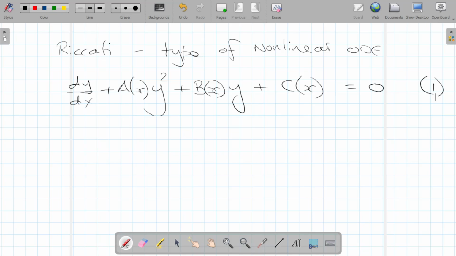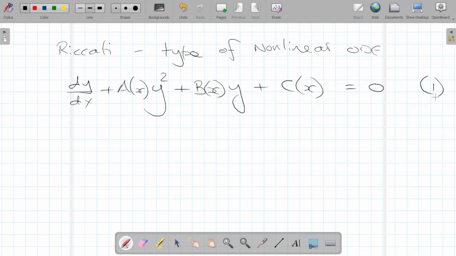Now, I want to give you an actual example of a Riccati equation and show you how to solve it, basically, in order that you might develop techniques to solve other types of Riccati equations, or even just general non-linear equations.